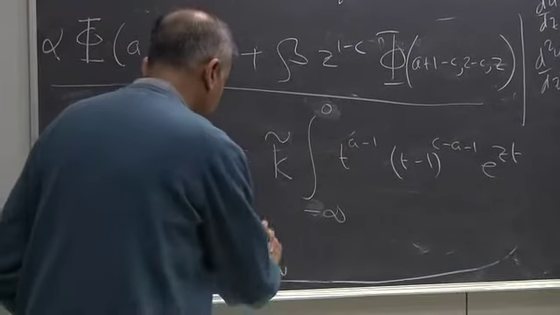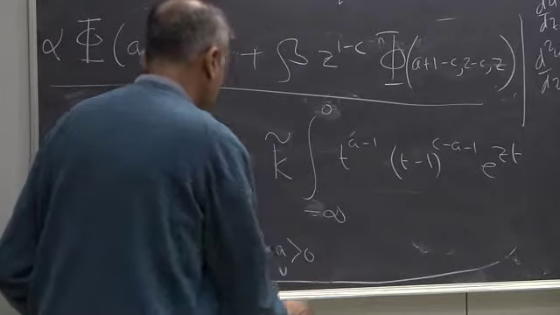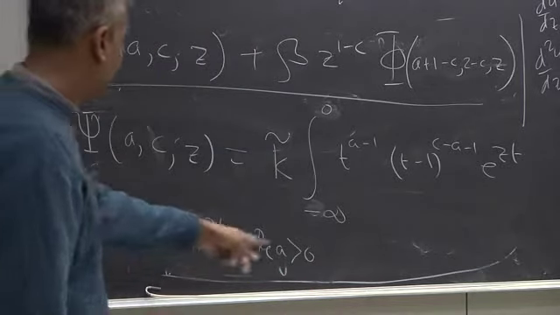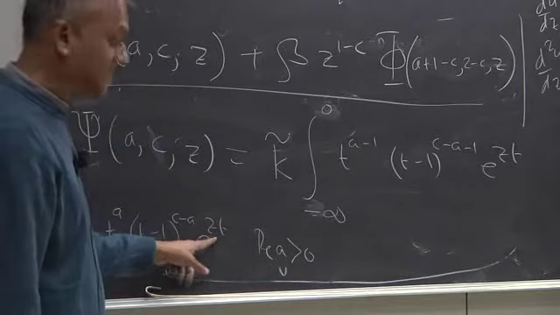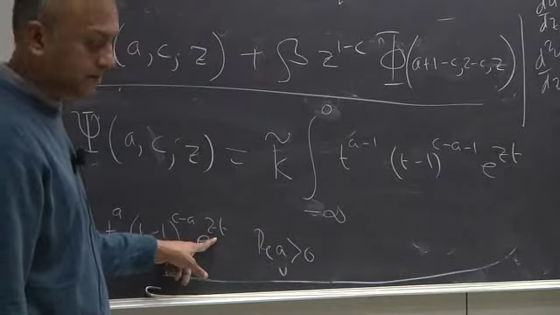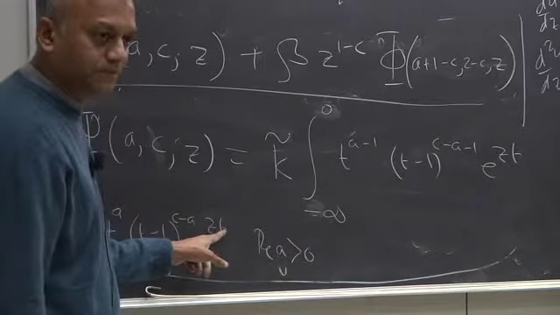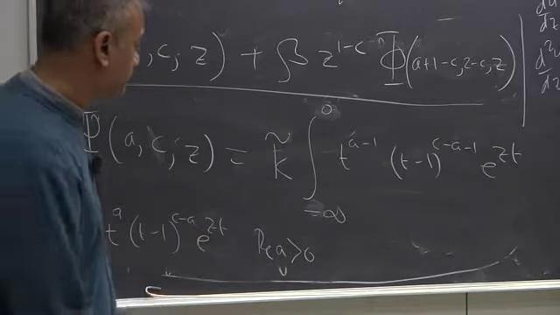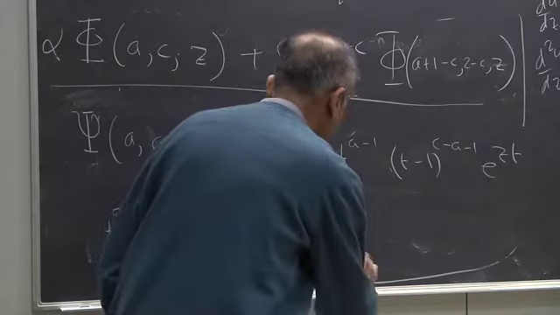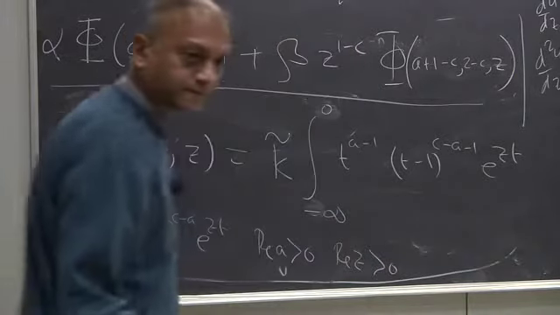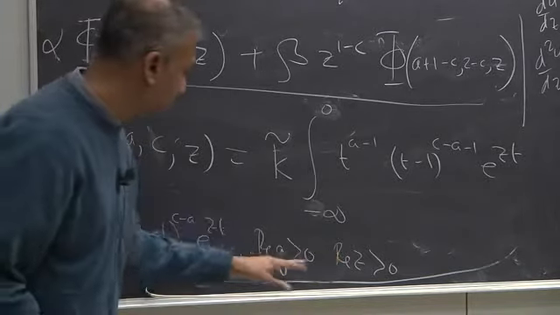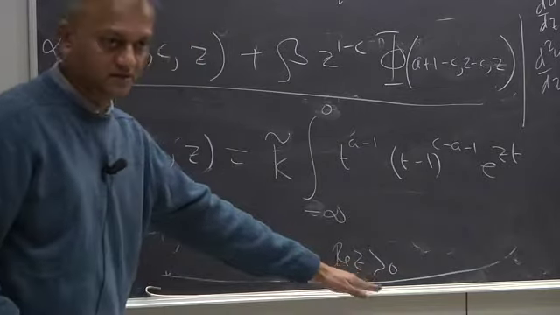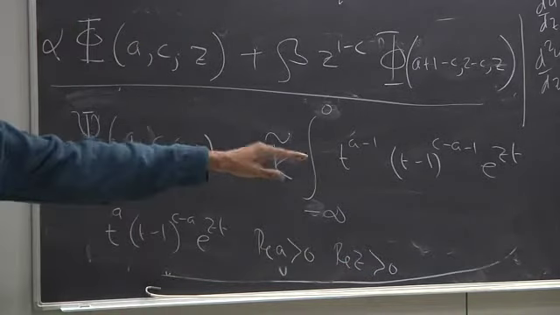At infinity, the dominant term would be the exponential term, e to the minus zt. So this will be exponentially suppressed provided real z is positive. In that case the boundary terms vanish, and this will be fine.